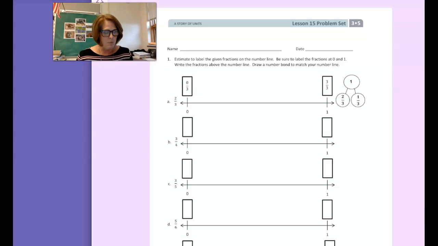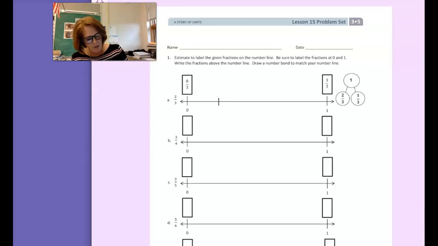So, for example, letter A, we want to start with 2/3. Okay, so we're going to divide our number line into thirds. We start with 0/3. And just like in the video, we can whisper count: 1/3, 2/3.